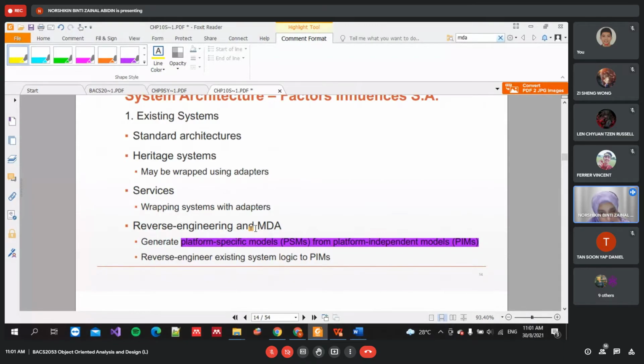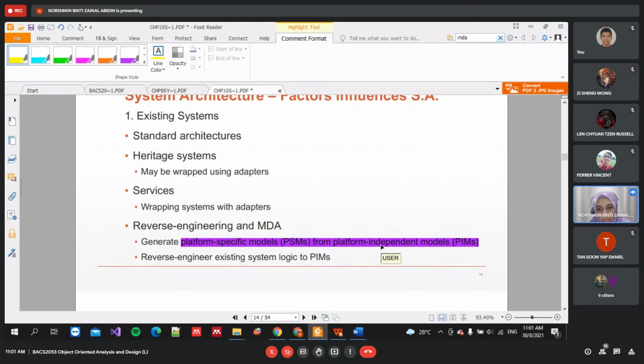For this MDA, we have these two terms, PSM and PIM: platform specific models and platform independent models. So what is PIM and what is PSM? This one is quite easy actually. PIM is independent of the technological platform used to implement.